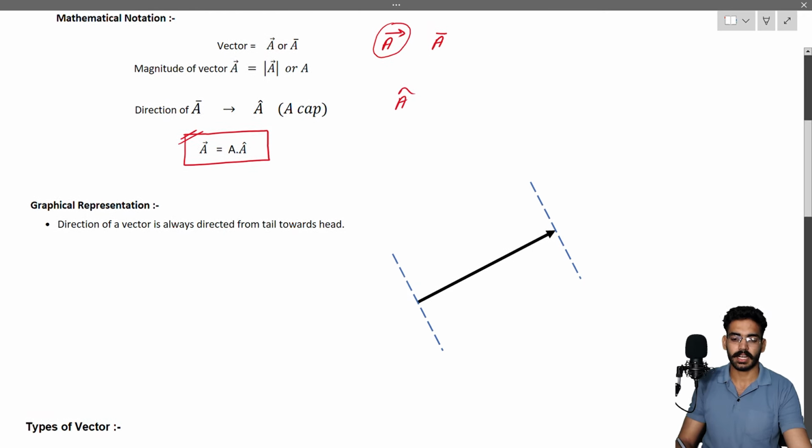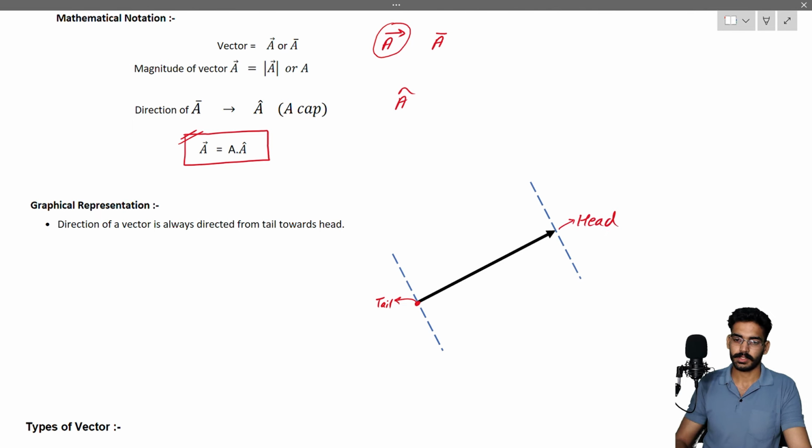Now let's understand the graphical meaning. When we denote a vector graphically like this, what does it mean? This point just behind is your tail, and this arrow side is your head, okay?